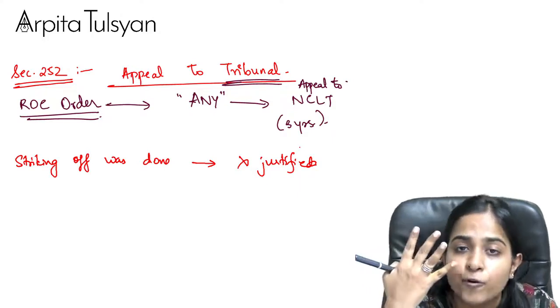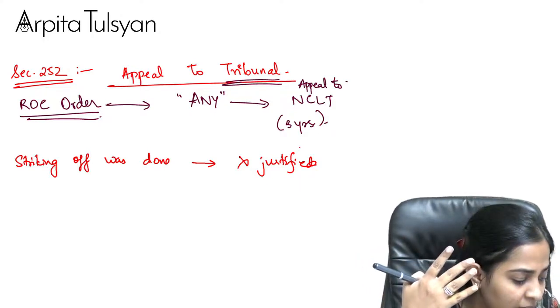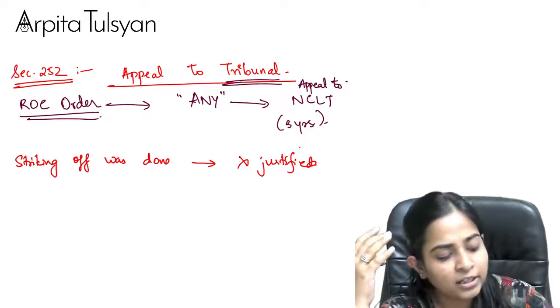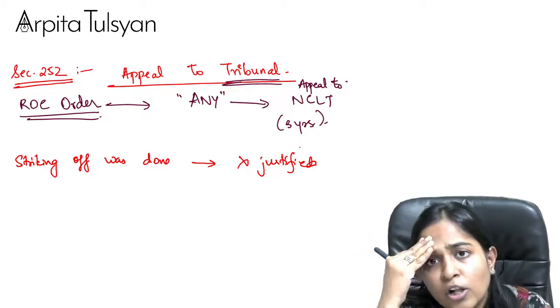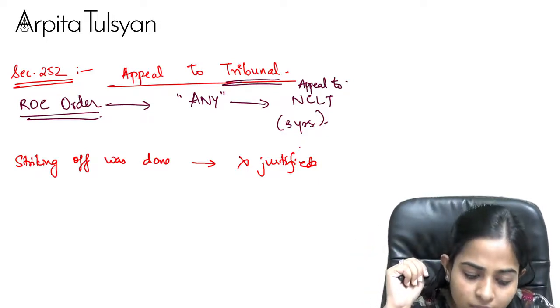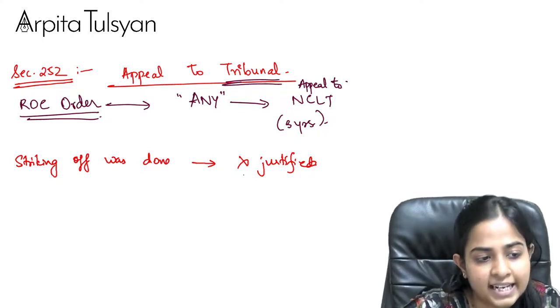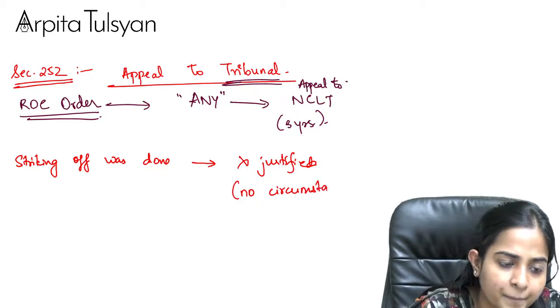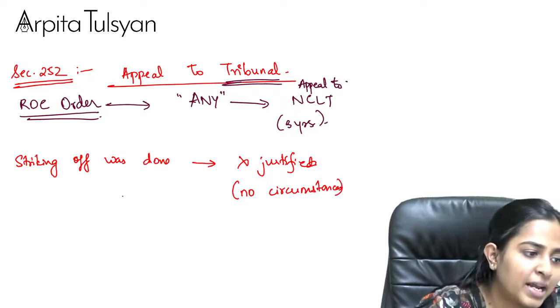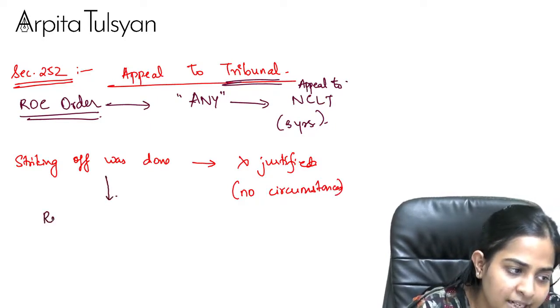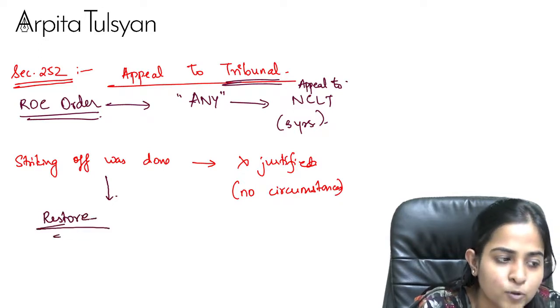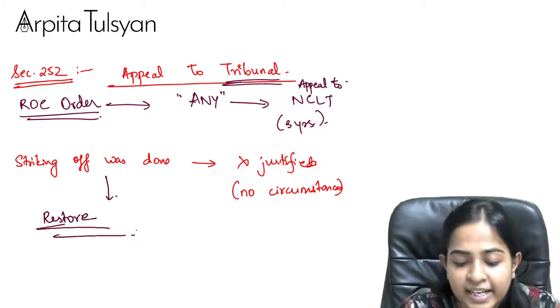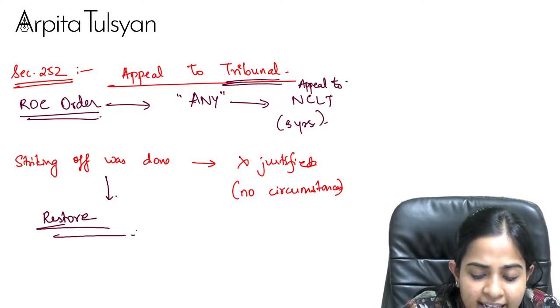Remember, we studied 4 circumstances for striking off the name. But tribunal comes to know that those circumstances are not at all there. Then in that case, no circumstances were there, tribunal can say that please restore back the position. Tribunal will tell the ROC that please restore the name.